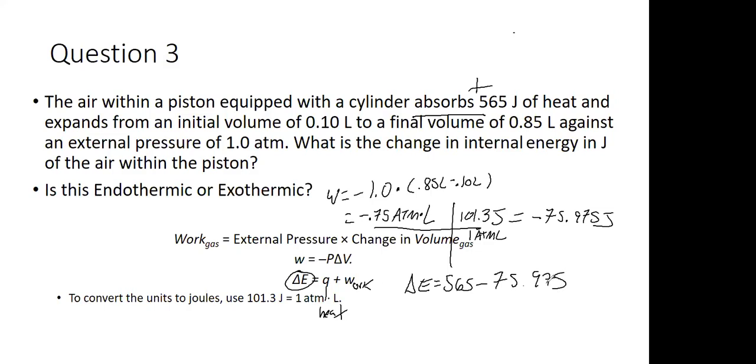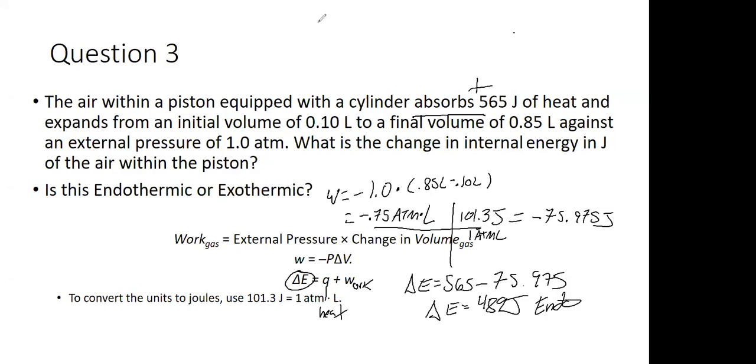So this overall change in energy equals 489 joules. So this is a positive number. If it's positive, that means I gained energy. And if I'm gaining energy, it's going inside me. So this is an endo process, right? If it's negative, that means it's leaving, and that would be exo.